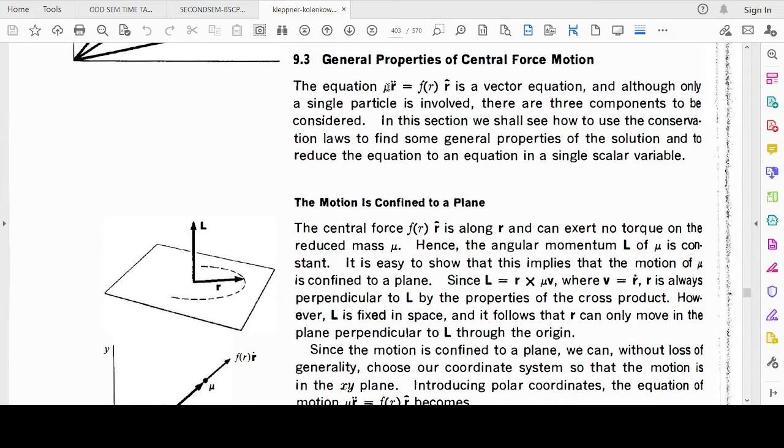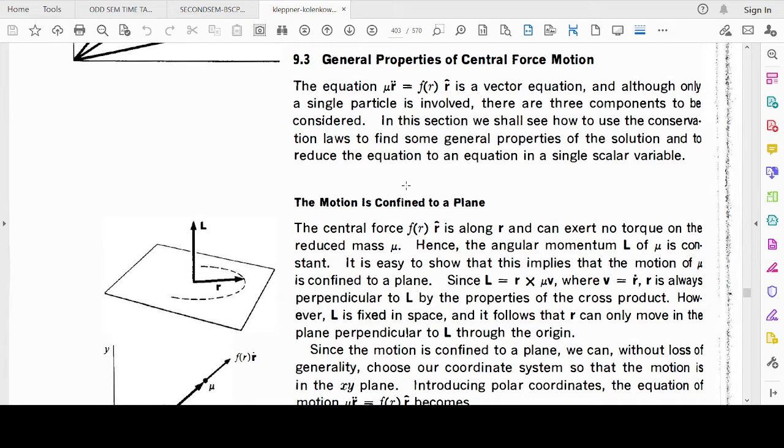So we are going to find the solution of this equation by using the law of conservation of momentum and energy. So first thing is, as the central force is along the radius, that is, it is having the unit vector of radius, we can say that if you find the torque due to the central force, it is zero, because the torque is given by r cross the force.